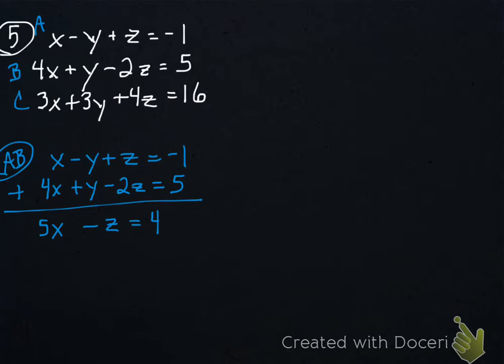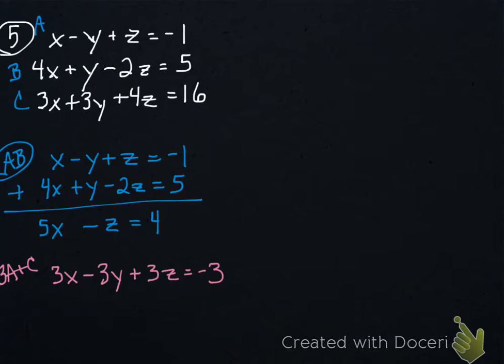Notice in equation A, the y is negative, but in equation C, the y is positive. So what would happen if we multiplied equation A by 3? So if I take 3 times A and then add C to it. So let's multiply A by 3. We'd have 3x minus 3y plus 3z equals negative 3.